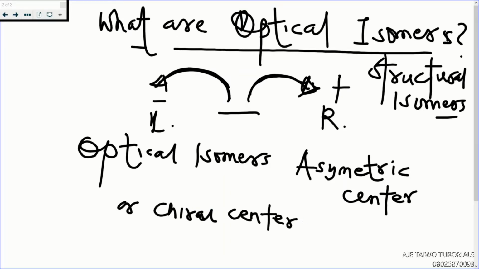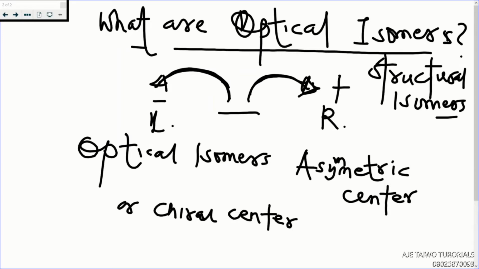Now, what qualifies as an optical isomer? Any molecule or compound with an asymmetric center or a chiral center. Don't forget what is called asymmetric. Double M, please. Asymmetric, that means that it's not symmetrical.